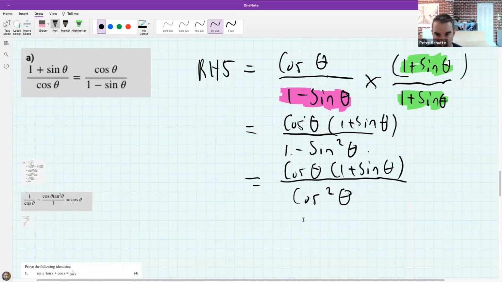Okay, we're not there yet, but I do agree. I see the finish line now. So what do you think my last step is going to be? So cos squared theta is actually the same as cos theta times cos theta.